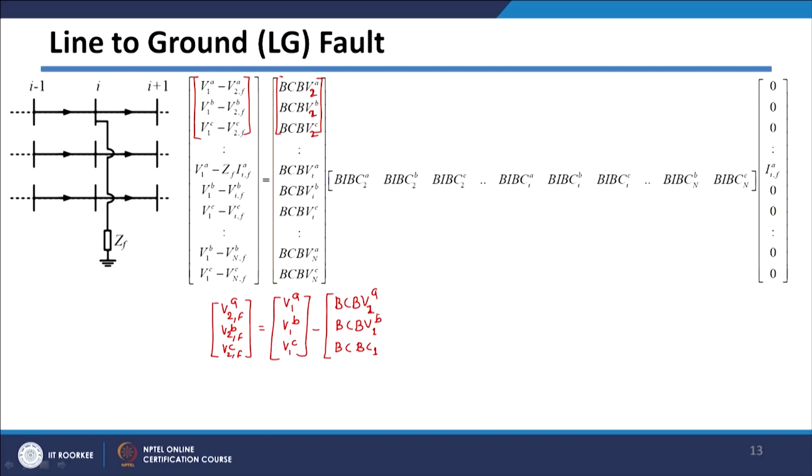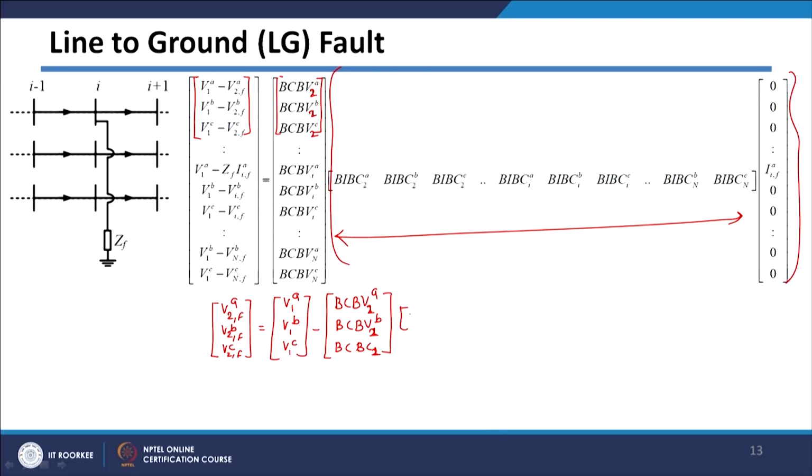So, this is 2 corresponding to the second row, because the first row is a known row. So, the first node is a known node, so we are not considering that, and it will get multiplied, and as you know, from the simplification of this part of the matrix, it is just BIBC IA multiplied by IF, and this is for say the second node.